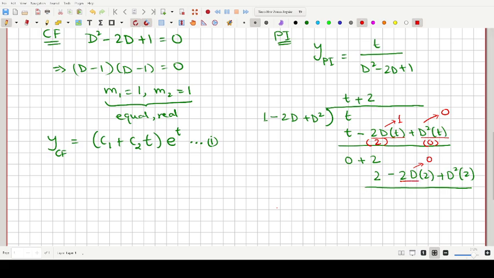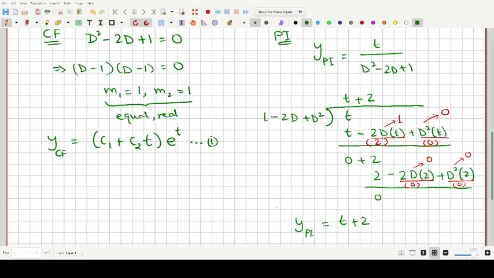So this entire thing, 2D2, is going to be equal to 0, and D squared 2 is also equal to 0. Now subtracting these two, we'll get 0 over here. So y PI is equal to t plus 2, right?